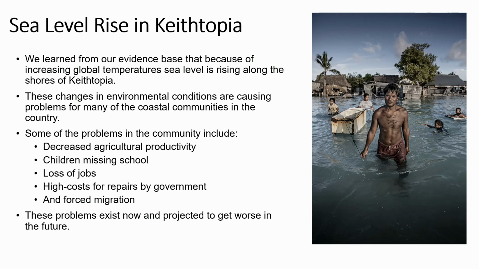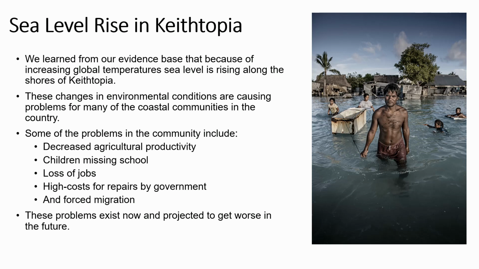There's crop damage and more crop failure, and the fruits and vegetables that they grow don't yield very well. So children are starting to miss school because of health issues associated with not getting enough to eat, and also there's salt water that's getting into the water.